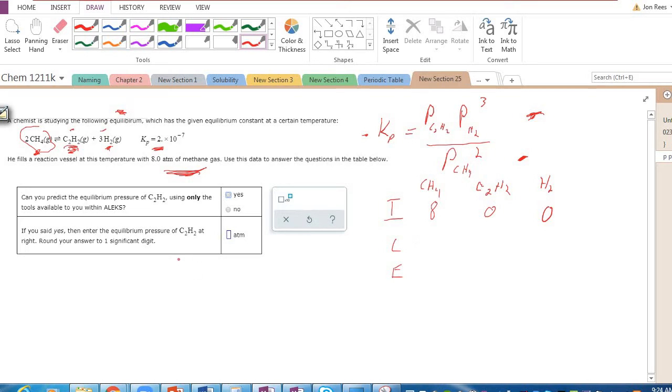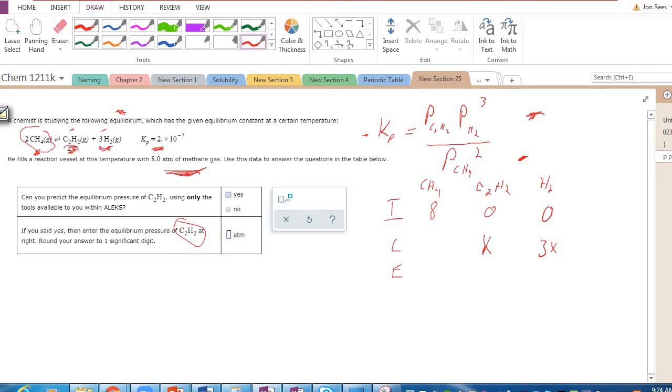I look at what the problem is asking. It's asking for the equilibrium pressure of C2H2, so I'm going to set that as my x, since that's what I'm trying to find. That changes by x, and I look at my stoichiometry to get the others. C2H2 is going up, so that's plus x. The H2 also has to go up, so that is plus 3x.